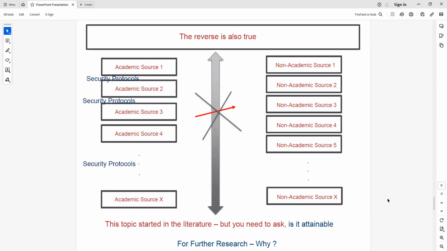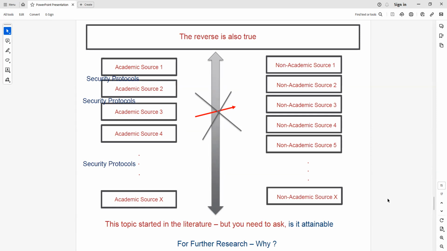Here is another one, the reverse. Sometimes you will see a topic in the literature. Yes, sometimes it will be in the academic journals, not in the non-academic journals. And that's fine because it's already in the academic journals. A lot of times, a doctoral student will do research, and then in the findings in chapter 5, it will say for further research. That might trigger an idea for an expanded topic.